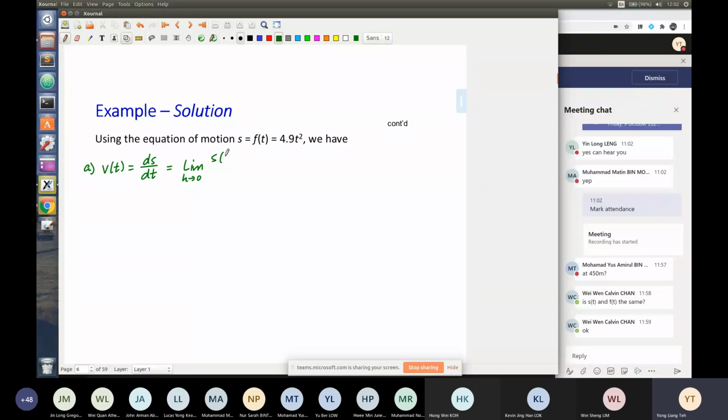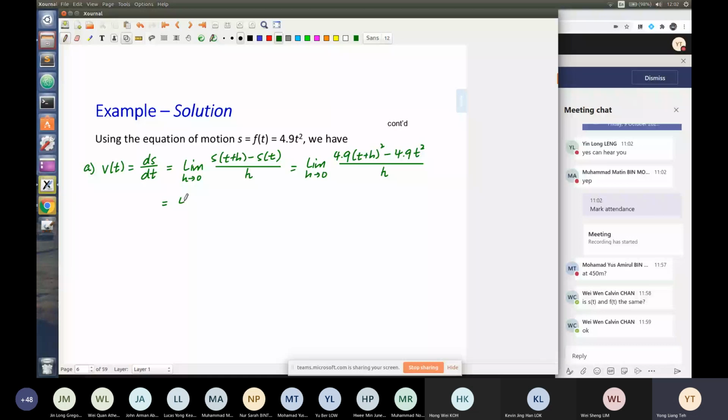This is really just the same stuff that we have been going through. So this is 4.9 (t plus h) squared minus 4.9 t squared, over h. Clearly this is 4.9 and this is 4.9, so we can factorize out the 4.9.